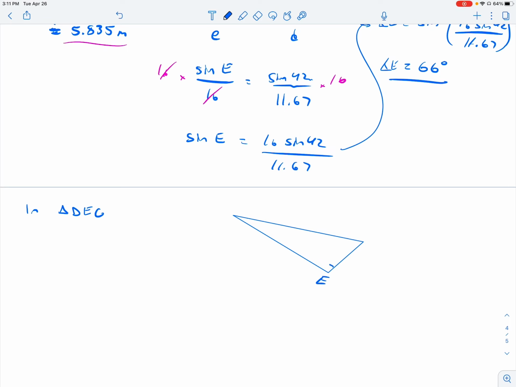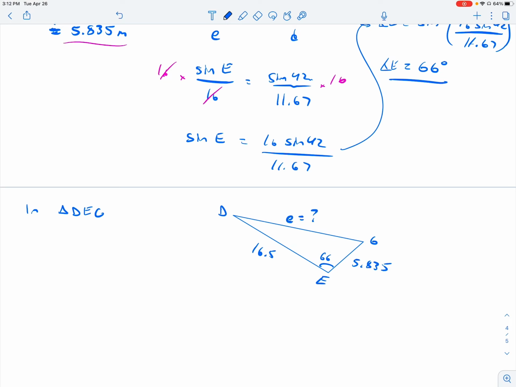Okay, we found E to be 66. This is 16 and a half. There's D. This little length here, EG, we said that was 5.835. This is little e.